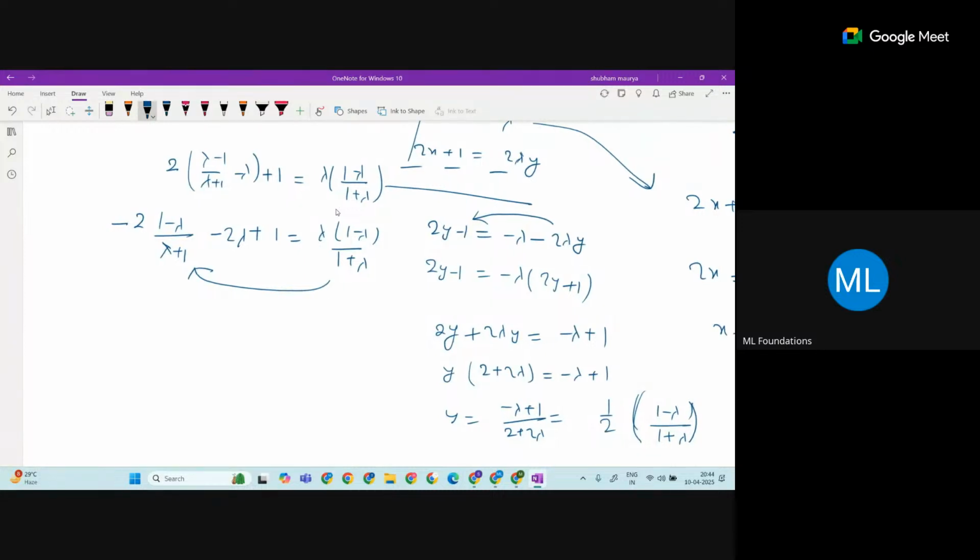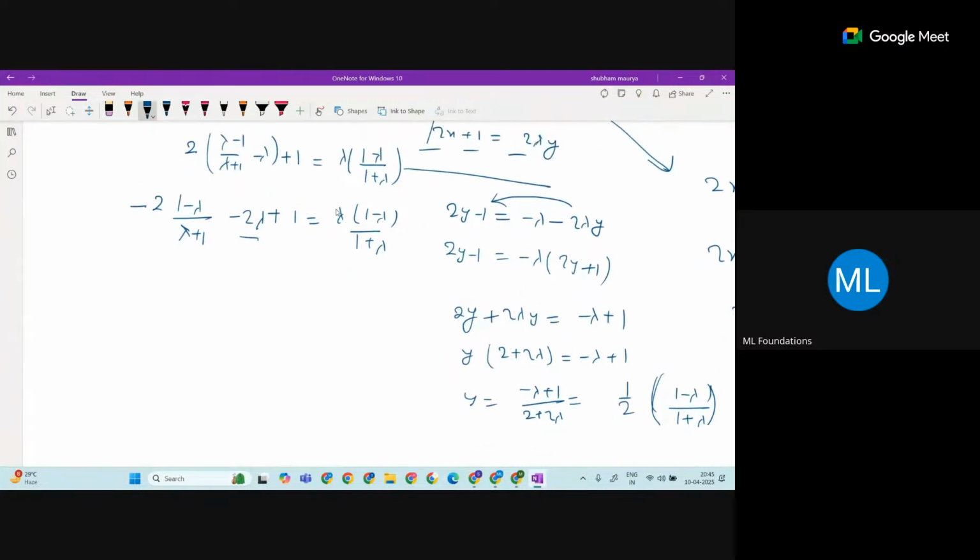So (1 minus lambda)(1 plus lambda) will be common, and this will be 2 minus 2 minus lambda, and this will be minus 2 lambda plus 1 equal to 0. There is no meaning in doing this; everywhere is lambda. So what is the lambda value? If we get the lambda value, we are done.